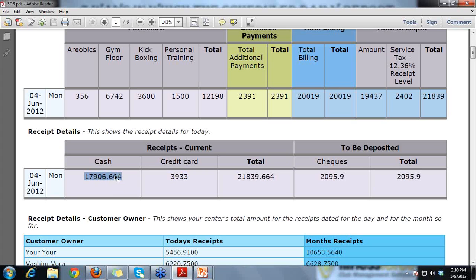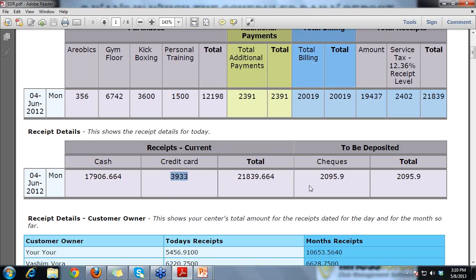That means you have a cash amount collected of this much, and this will be your deposition of cash in the bank next day, followed by the credit card amount, which is 3,933. So your credit card settlement report should reflect a figure of 3,933, and the total receipts generated on that day, finally, is 21,839.